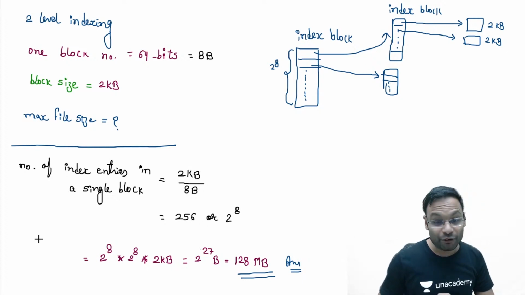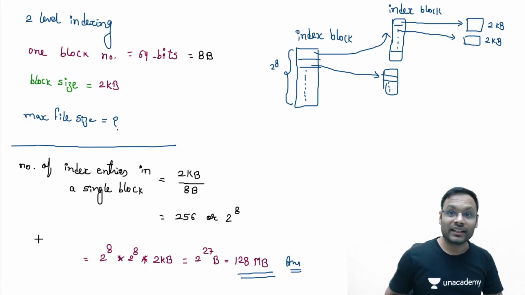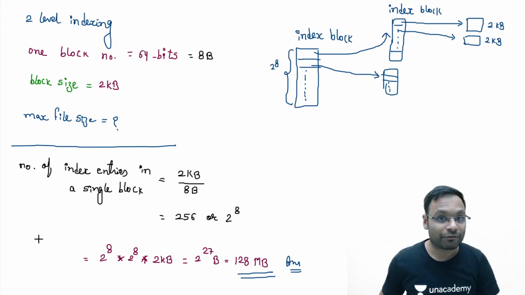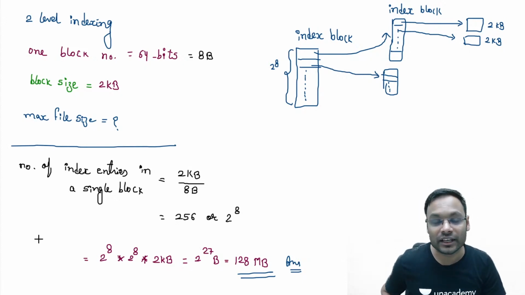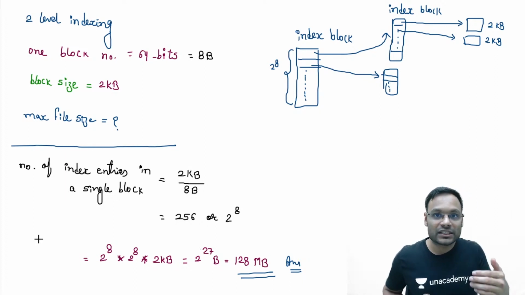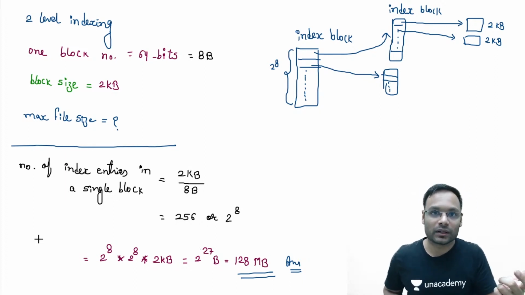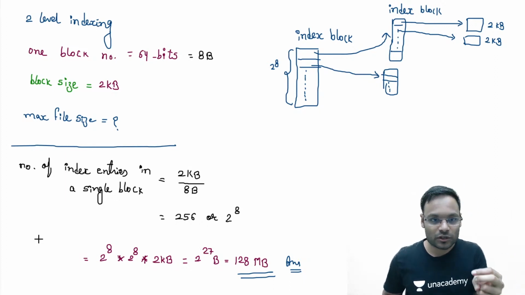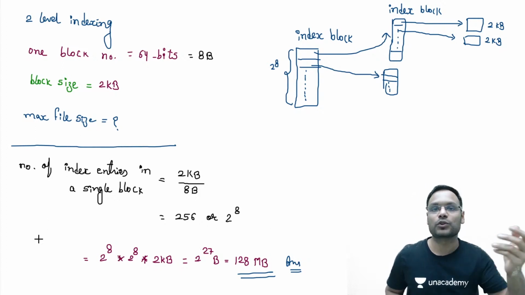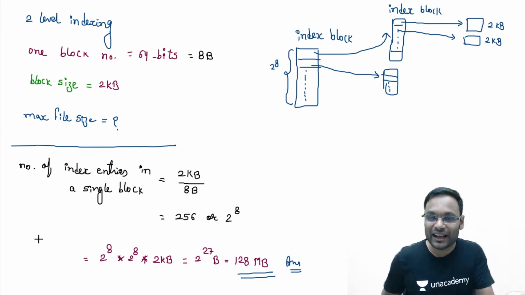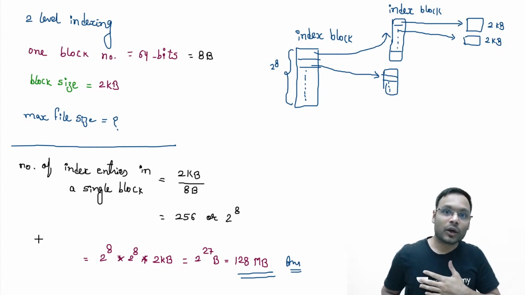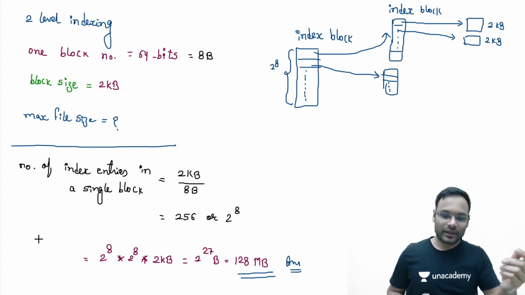But if we can access the file quickly, then it will be a better thing, because a user needs a quick response from the computer. And when the computer gets delayed because of the hard disk and file access, of course the user will not like it. Okay, you can give a little bit extra space to the file, but give me the access quicker that I need, I'm giving it.